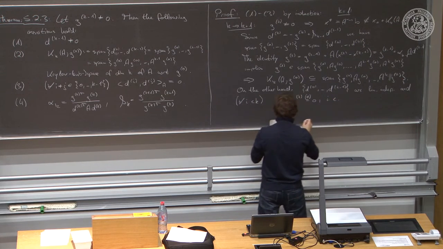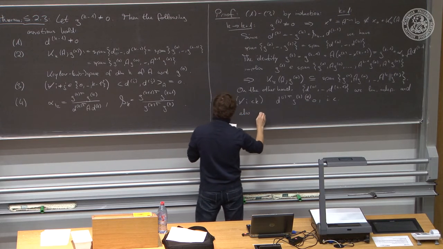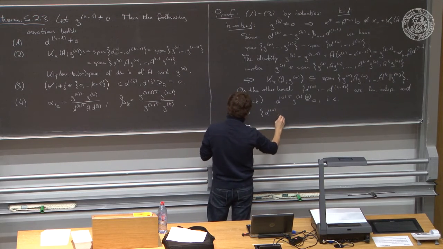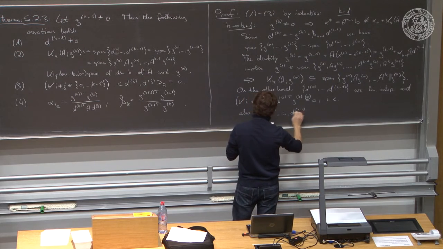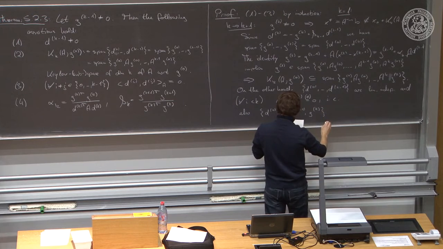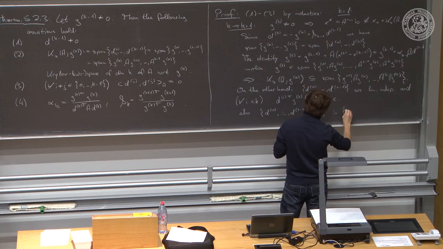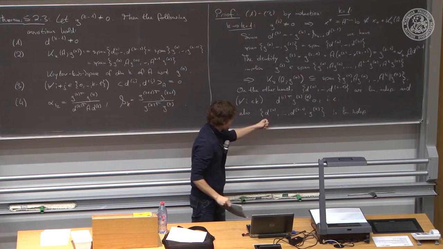But that means that also d_0 up to d_{k-1} and g_k are linearly independent. Okay?